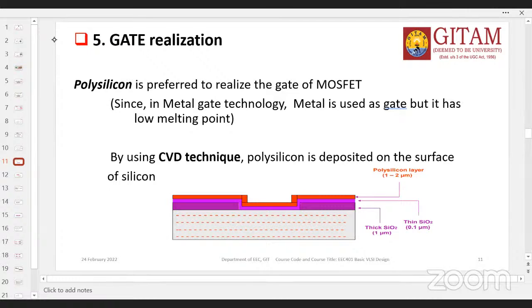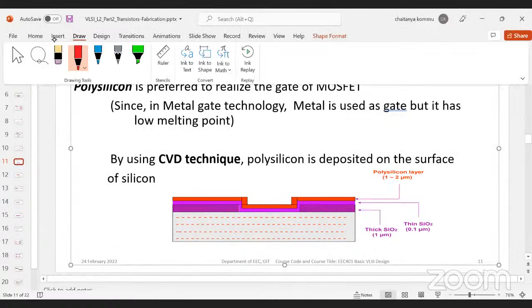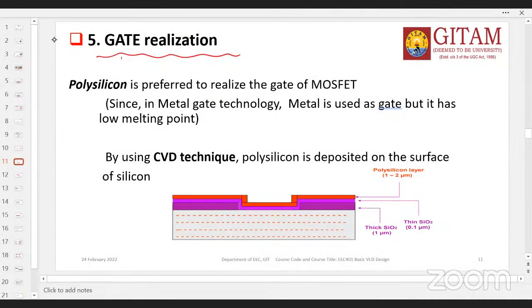The next step is gate realization. For the gate realization, we are going to use polysilicon. So how do we form polysilicon? Actually, it is a chemical vapor deposition technique that we have to use.